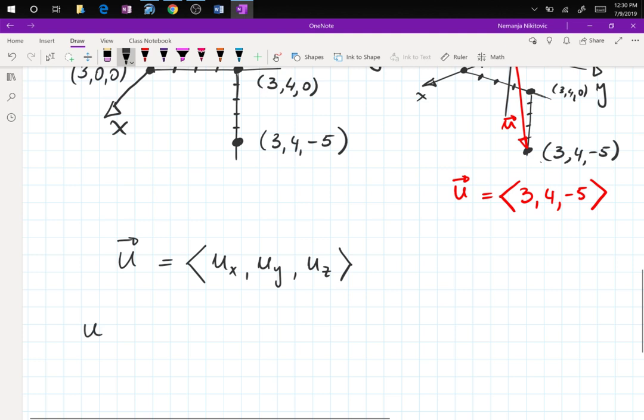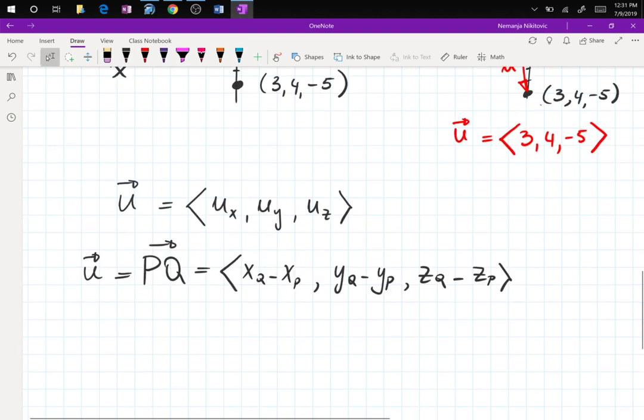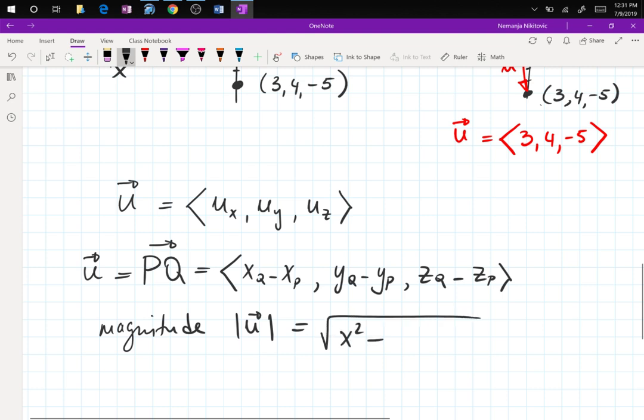You get vector u if it's between the points P and Q. Again, terminal minus initial: xq minus xp, yq minus yp, zq minus zp. Magnitude, which is the absolute value of u, is the same, you're adding z squared in the mix.